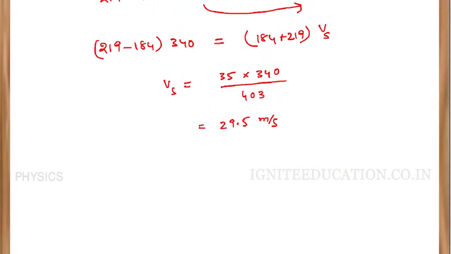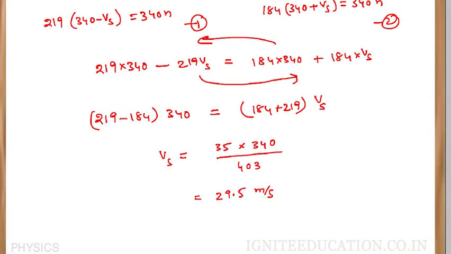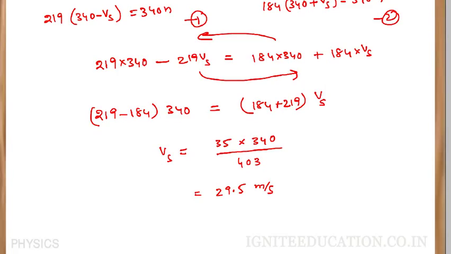Now I need to find out the frequency of the whistle. I'll take any one of the above equations, that is 219 into 340 minus 29.5 is equal to 340 into n.